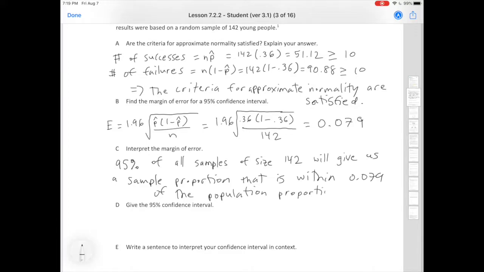Remember, the population proportion is the one that we care about, but we're never going to know what it is exactly. Okay? So now, what is the 95% confidence interval?